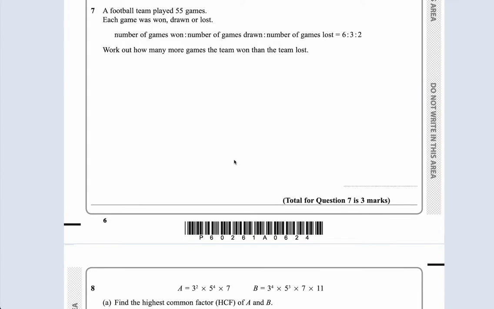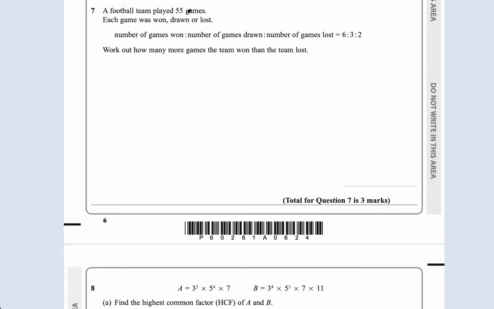Question 7. A football team played 55 games. Each game was won, drawn, or lost. The ratio of number of games won to number of games drawn to number of games lost is 6 to 3 to 2. Work out how many more games the team won than the team lost. Right, so guys, it's 55.